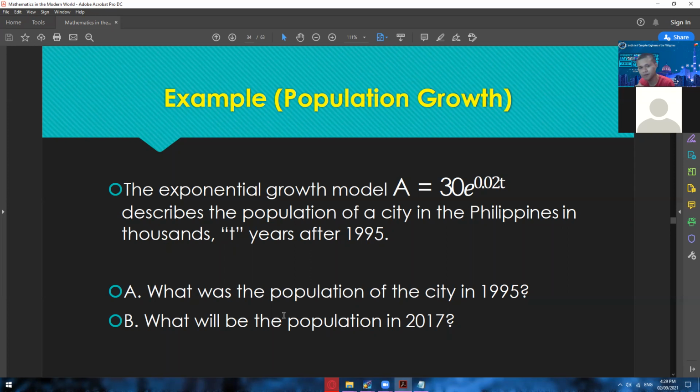Okay, so you must have your scratch paper in front of you, and then solve it one by one, just by substituting the value of e and substituting the value of P. So the only thing that will change in here is the value of t, since everything else is already given. So the current year is 1995, and we are trying to solve what will be the population in 2017, like after how many years? After 22 years.